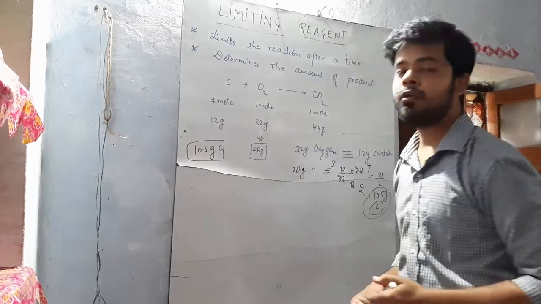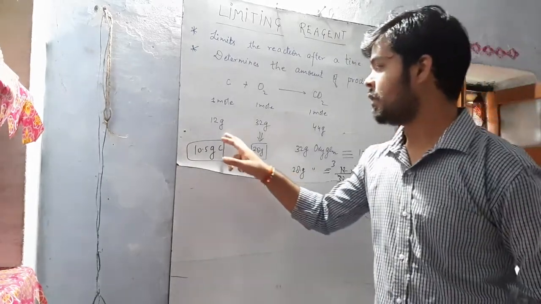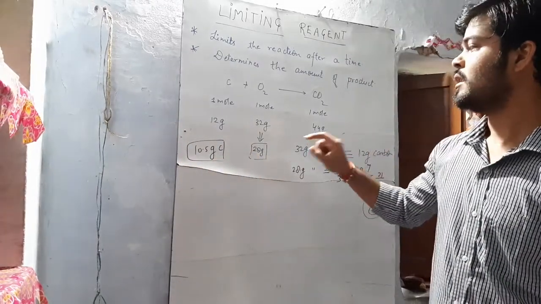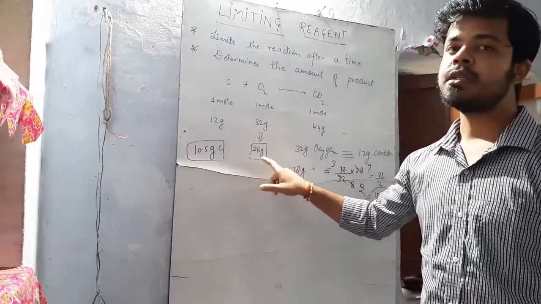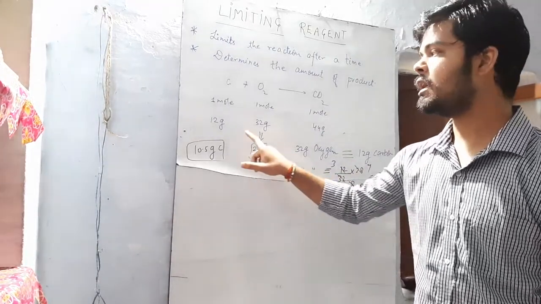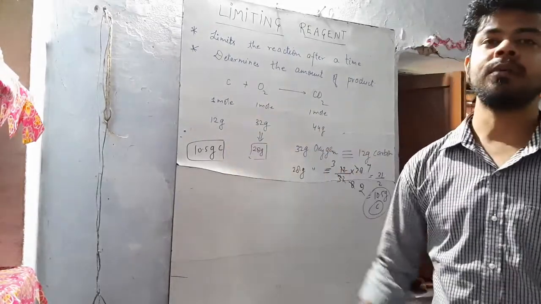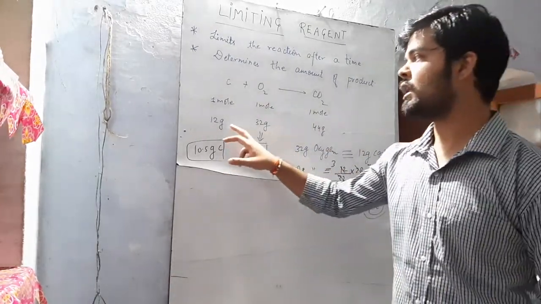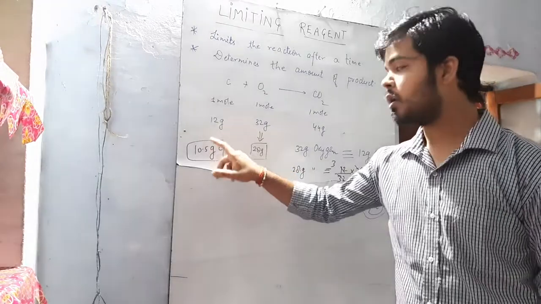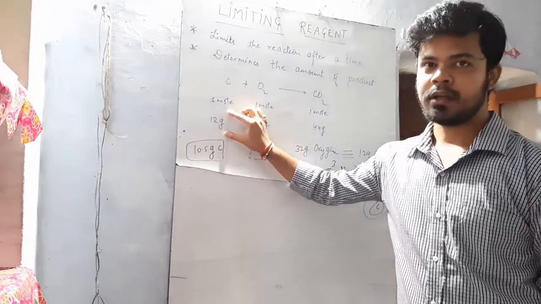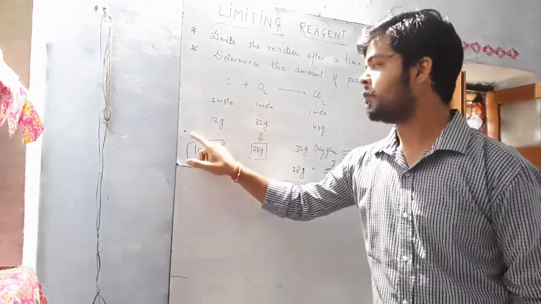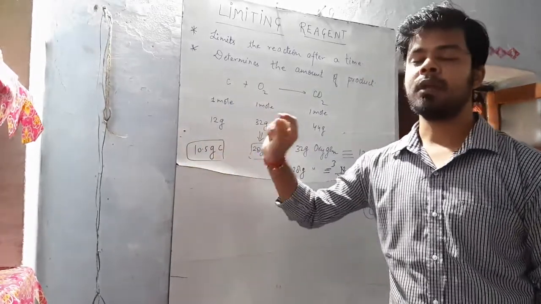Now what we can see here is that this 28 gram of oxygen is responsible for the incomplete combustion of carbon. We have been provided 12 gram of carbon, not 10.5 gram of carbon. We have to burn 12 gram of carbon, and we are only burning 10.5 gram of carbon.